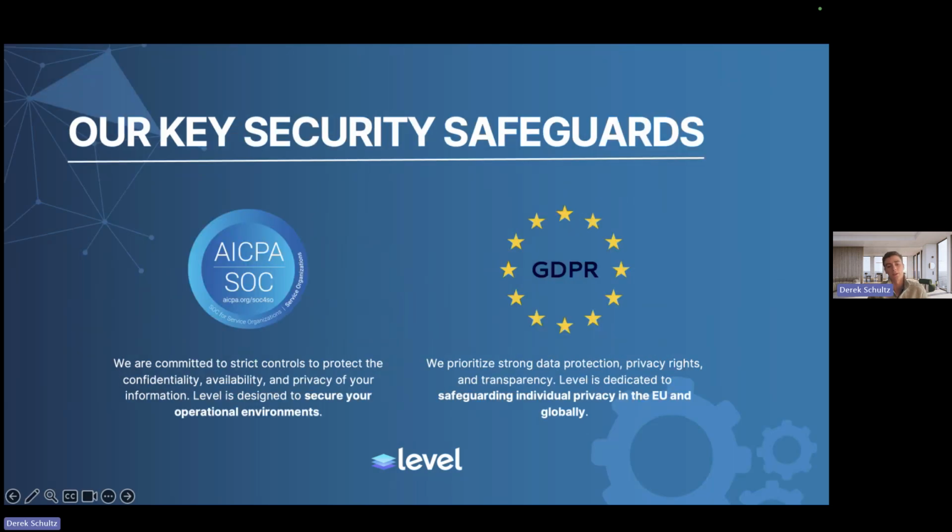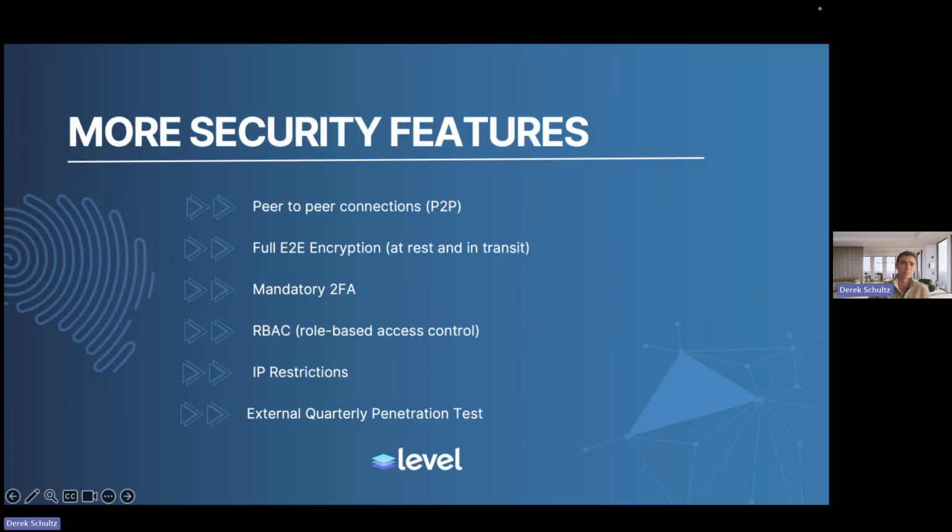I know security is really important for a lot of you, so I did want to state that we are SOC 2 and GDPR compliant, and some of our more security-focused features are our peer-to-peer connections and end-to-end encryption. We also require two-factor authentication. We do have role-based access control for your team, and we can lock down access to the RMM to specific IP addresses. And we do conduct external quarterly pen tests. If anybody wants that information, feel free to reach out to me, and I'll get it over to you.